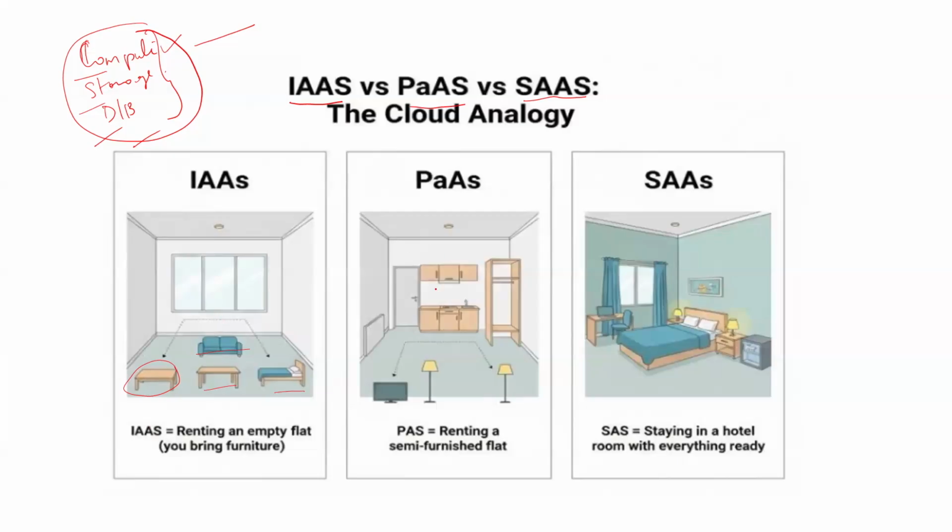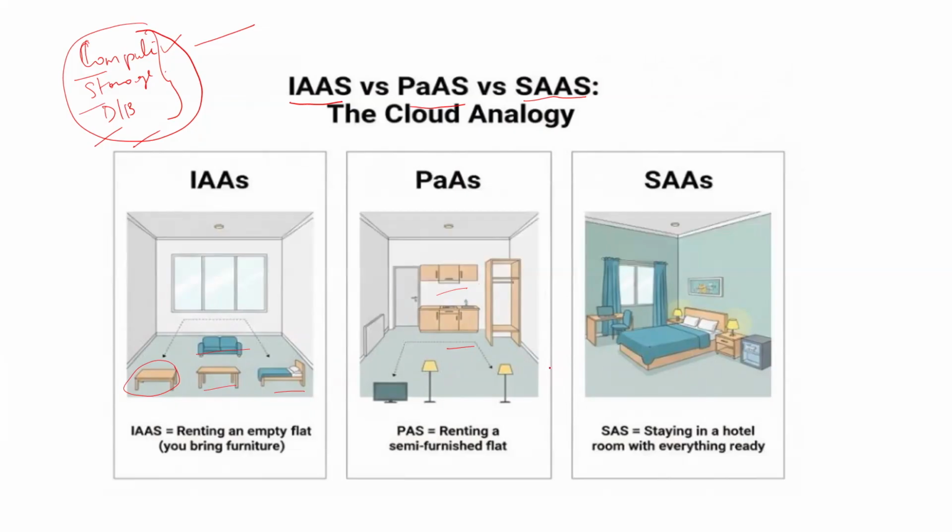Whereas in the case of platform as a service, what is happening? They have already furnished part of it, so I'm just making use of the services, whatever I'm trying to do. Whereas in the case of software as a service, it's a fully furnished hotel.